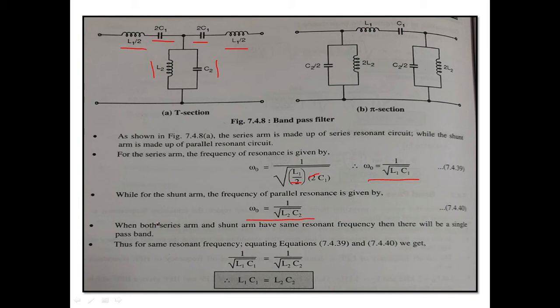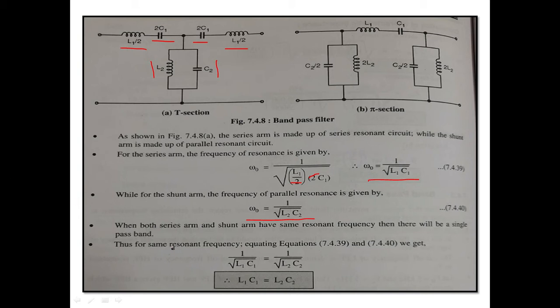My dear students, keep in mind that the resonant frequencies of the series arm and shunt arm should be equal, and only then is the particular band of frequencies able to be transmitted.